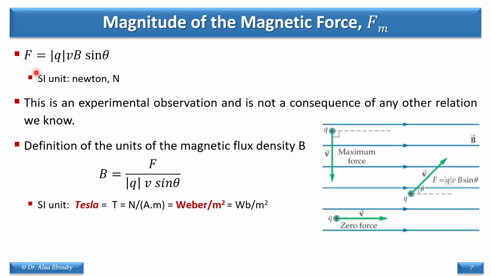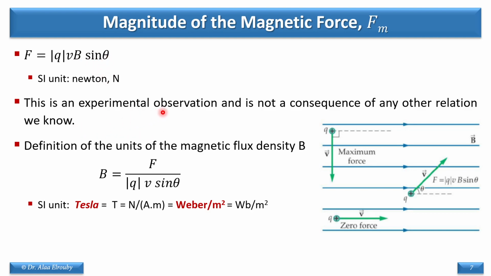So the magnetic force is proportional to Q, proportional to the speed of motion of the electric charge, proportional to the flux density, and proportional to sine of the angle between the two vectors.